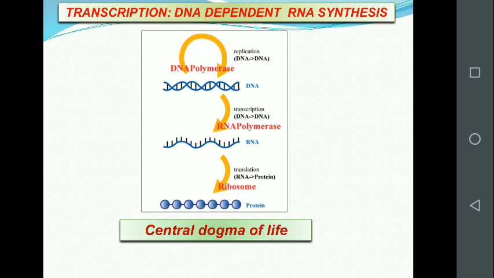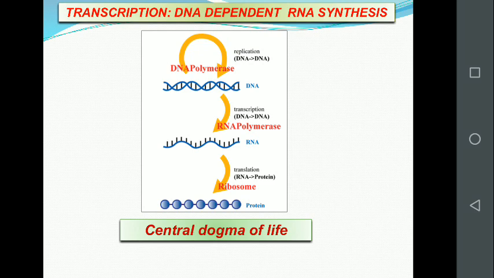We have three different types of RNA molecules, especially in case of prokaryotes, but in case of eukaryotes, we have more than three different types. In prokaryotes, we have messenger RNA, mRNA, transfer RNA, tRNA, and ribosomal RNA, rRNA.